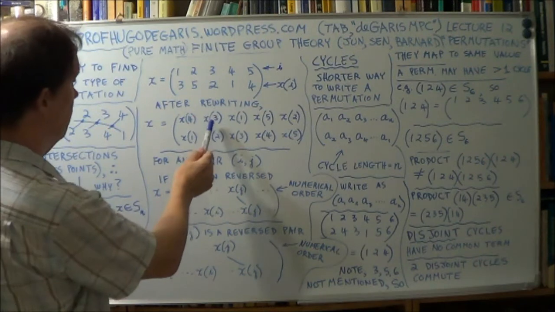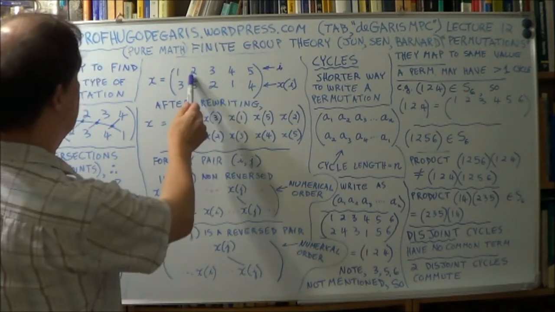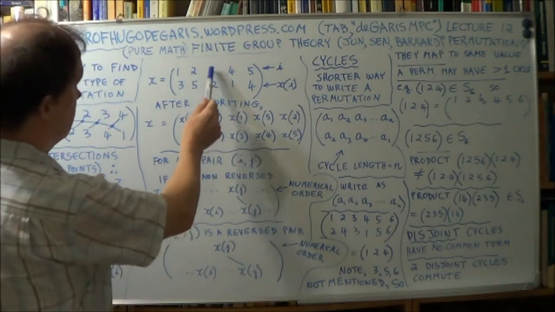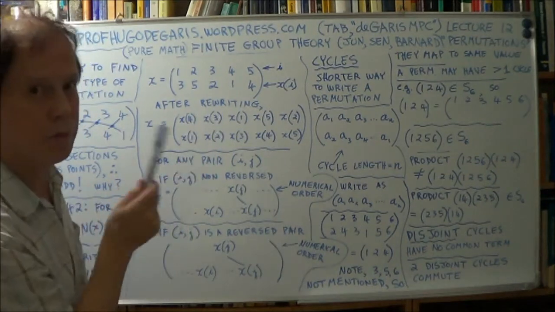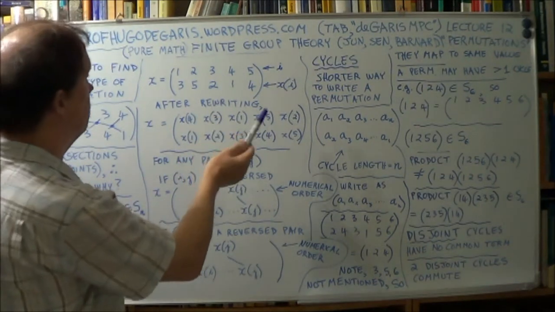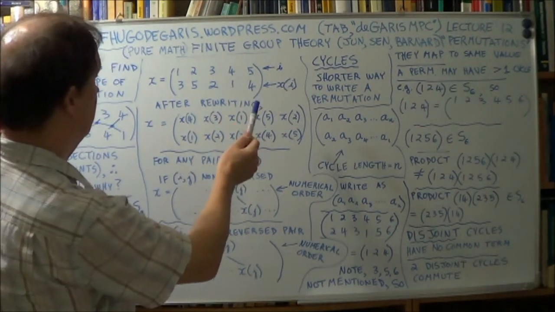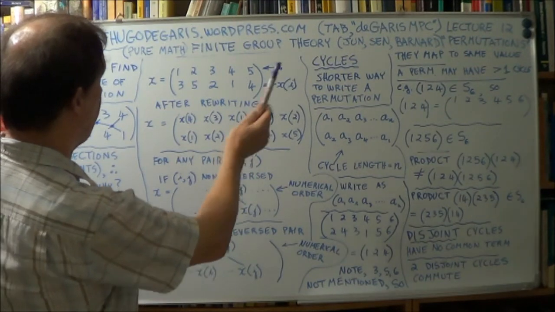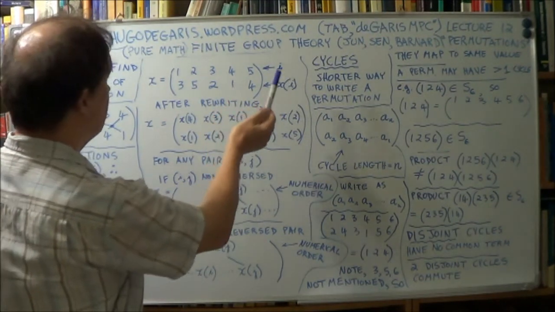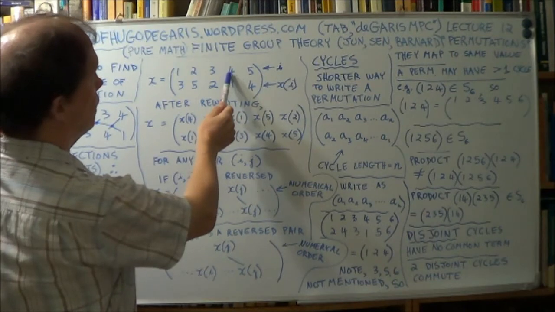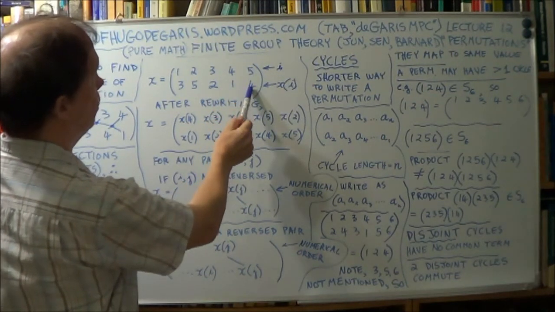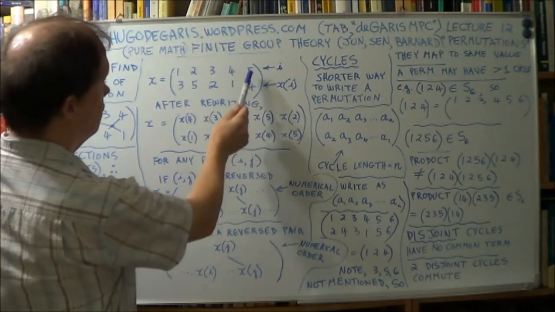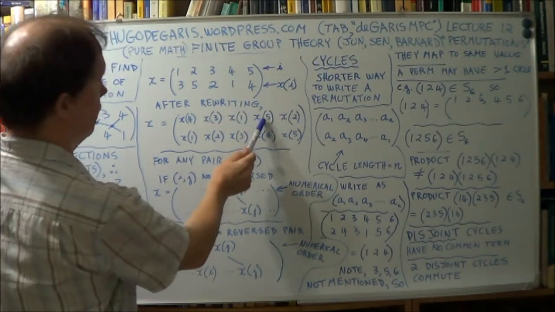Hope you've got that now. I'll just quickly do some more. What's 4? Well, it's x of 5. If you permute 5, you get 4. So instead of this 4, just put x of 5 here, and so on.